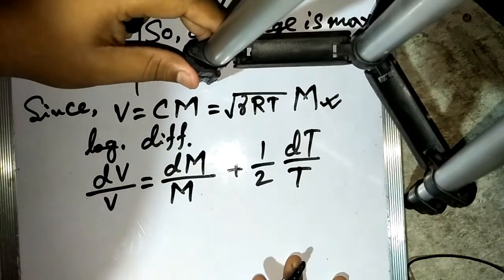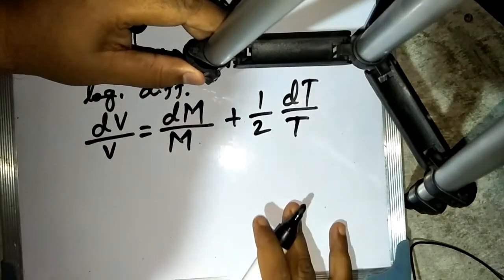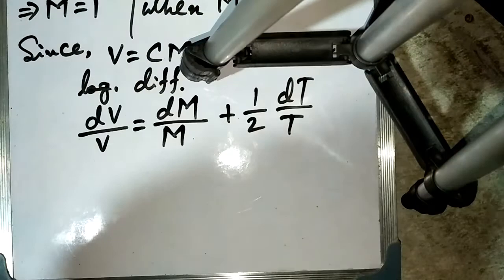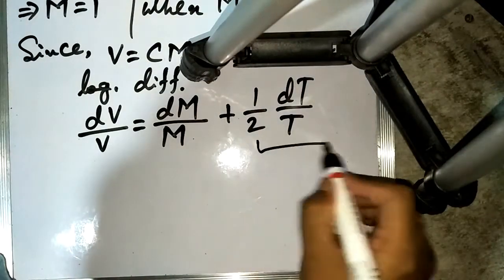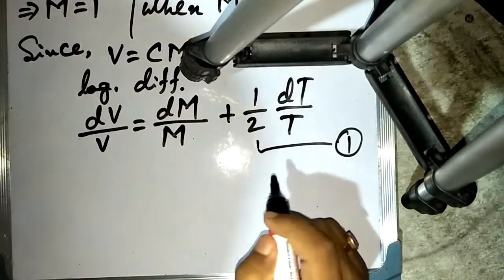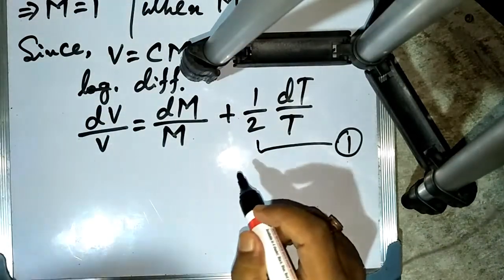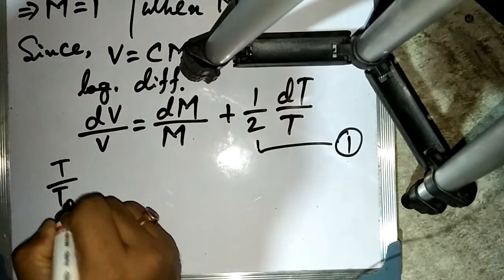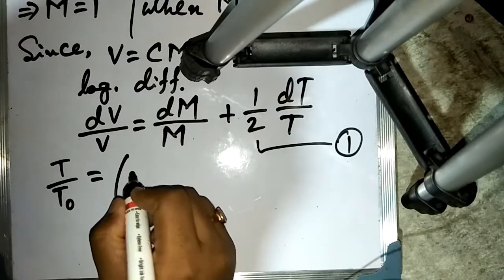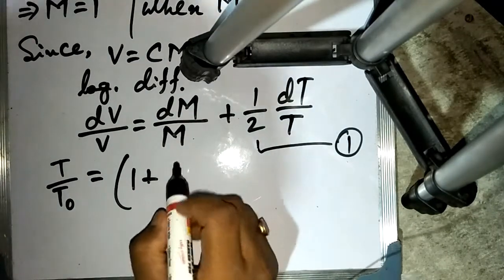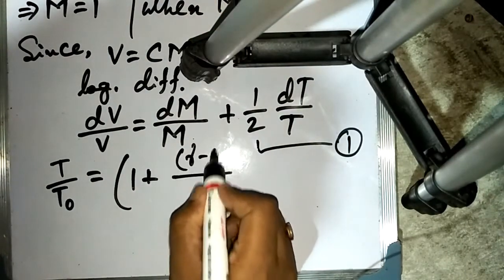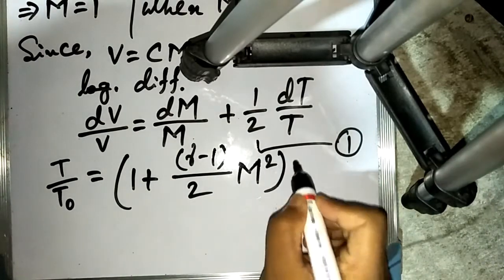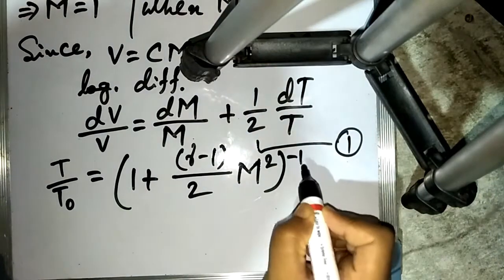So this is equation number 1, say, and we know the temperature relation, that is T/T0 equals (1 + (γ − 1)/2 × M²) to the power minus 1.